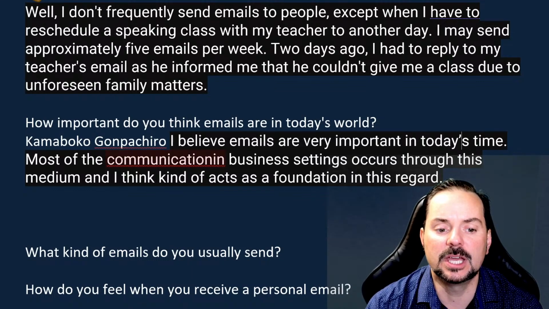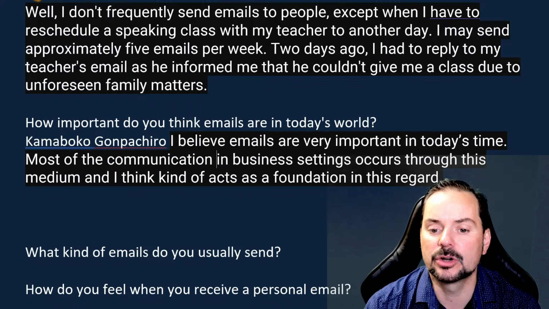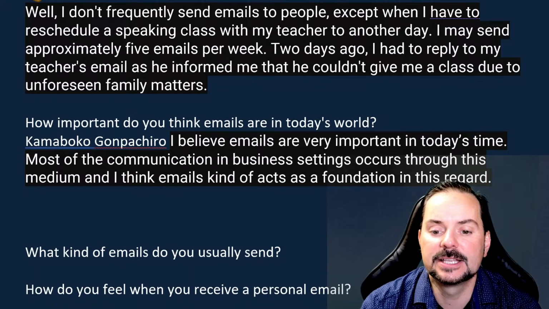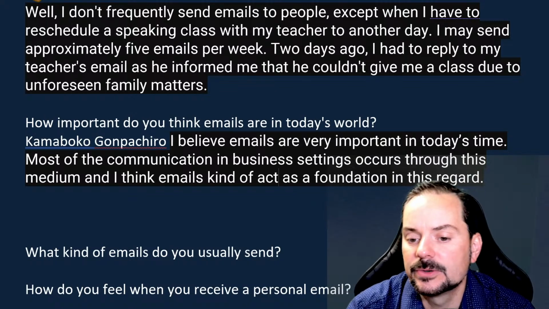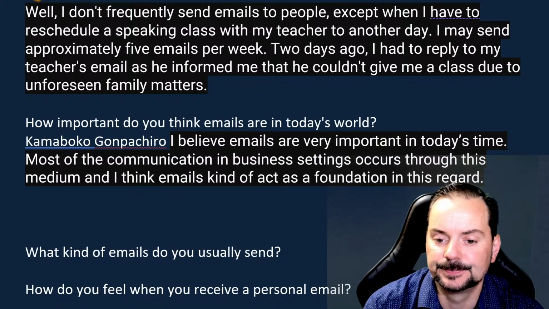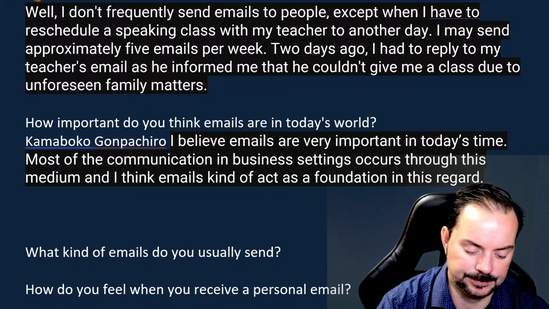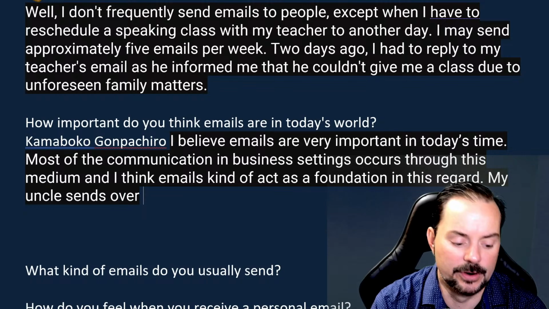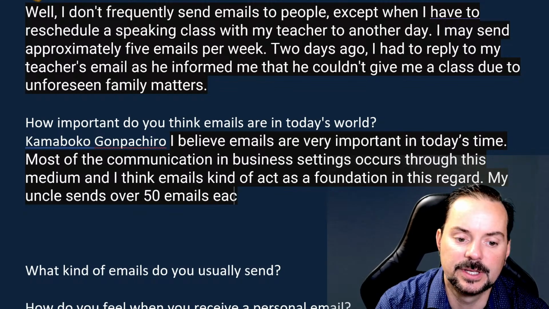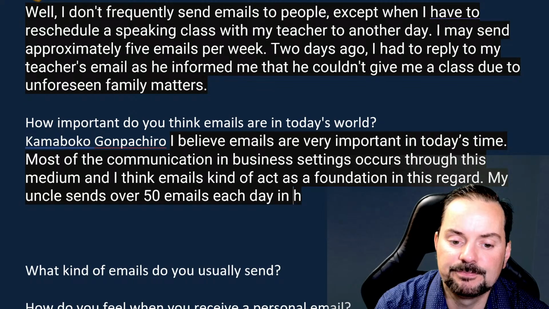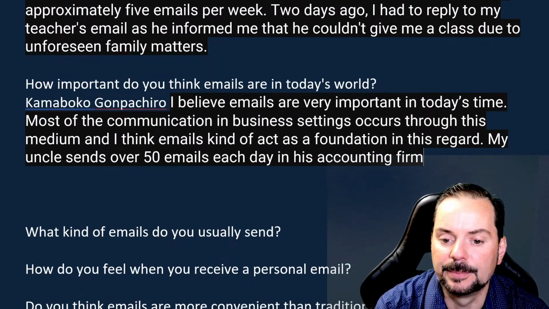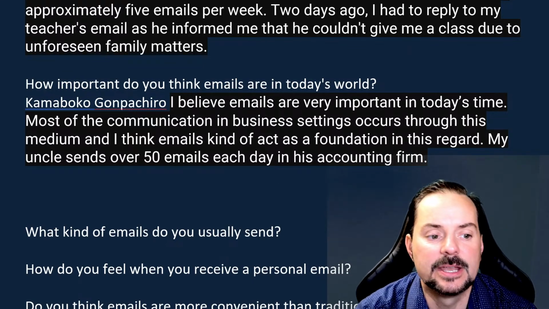Most of the communication in business settings occurs through this medium, and I think emails kind of act as a foundation in this regard. My uncle sends over 50 emails each day in his accounting firm. That makes it a band 9, Kamaboko.